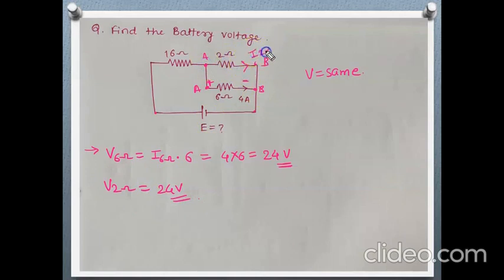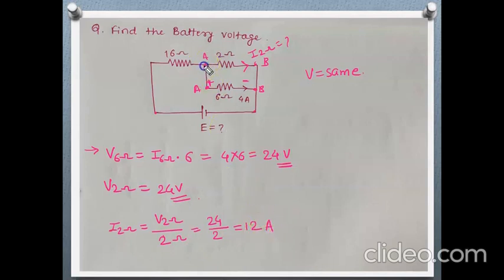Next, we want the current flowing through the 2 ohm, I2 ohm. I2 ohm is the voltage across 2 ohm divided by resistance 2 ohm, according to Ohm's law. So V2 ohm is 24 divided by 2, which is 12 ampere.